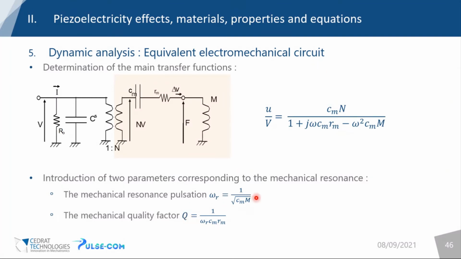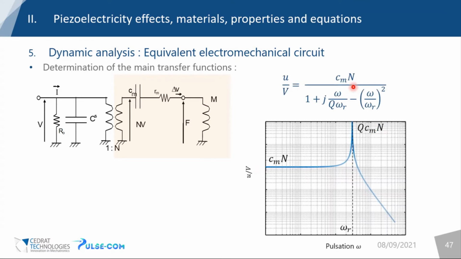If we simplify this transfer function using these 2 parameters, you can write it right down here, and you can plot it here. What can be seen on this transfer function? At low frequencies, low pulsations, you would have a constant stroke depending on the voltage.